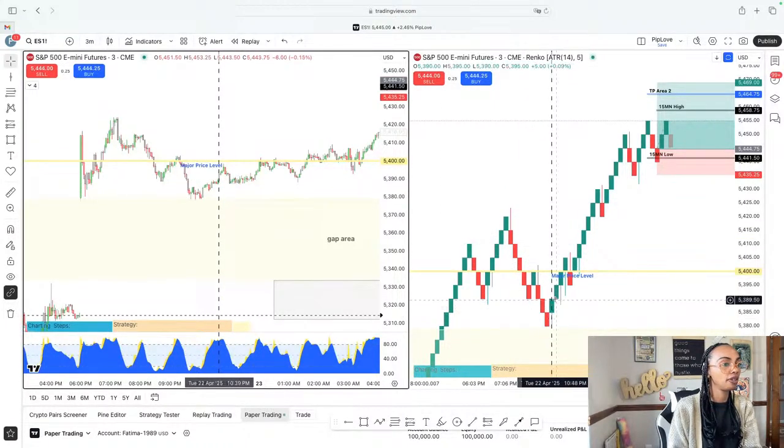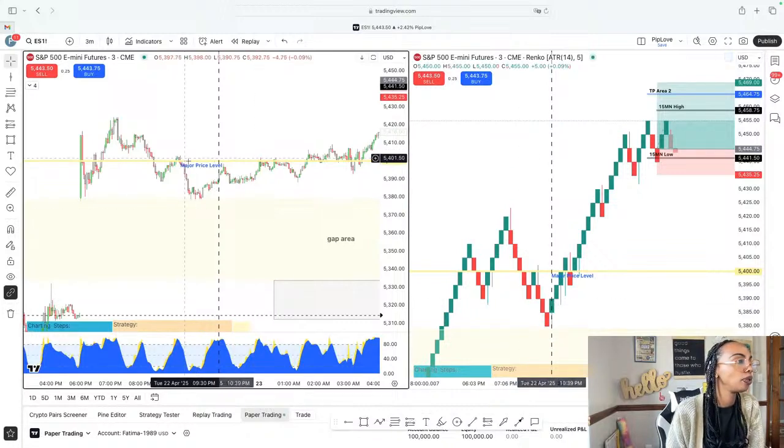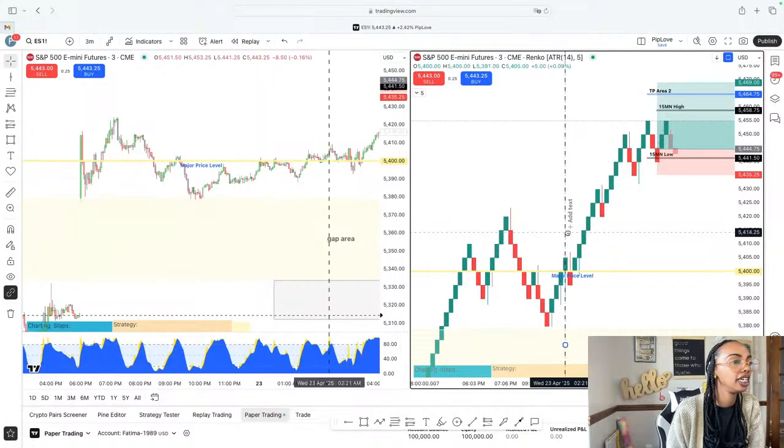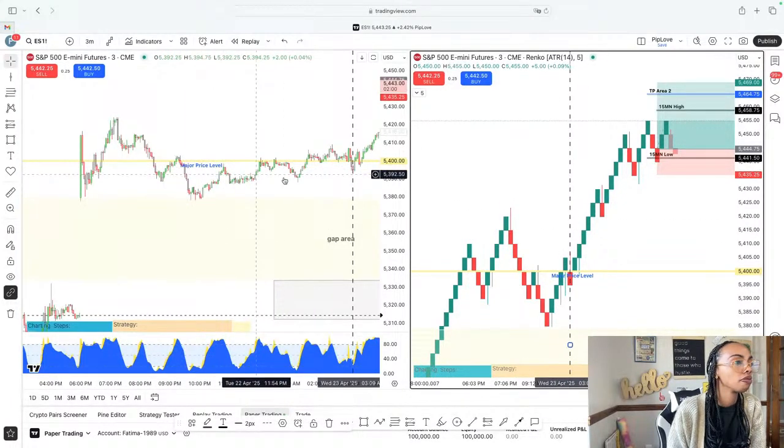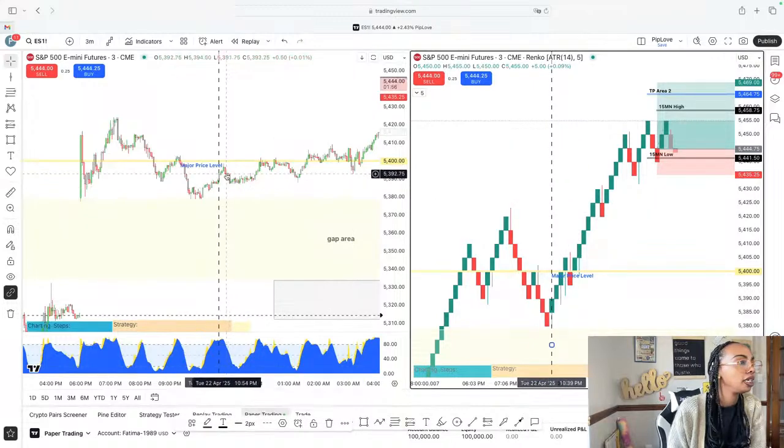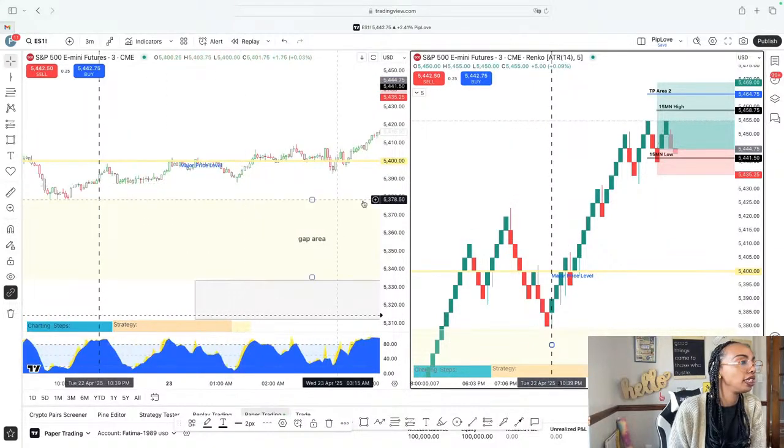But then finally, right around this candle, we got a nice green candle printed. And as you can see, it just continued to be green. Let me move it back. Sorry. Look at all this movement here.